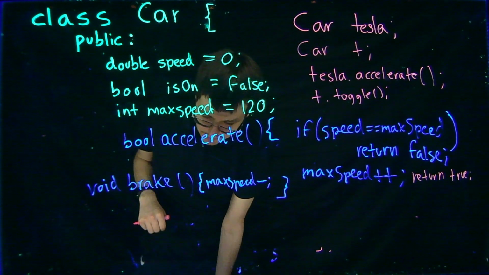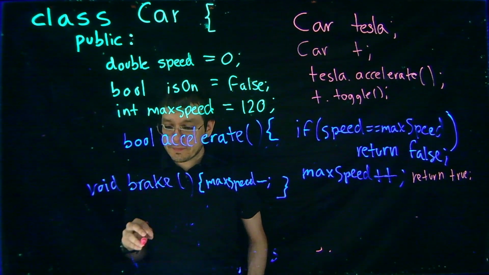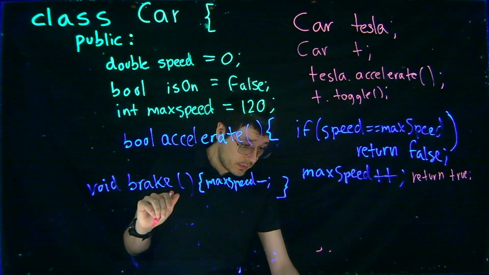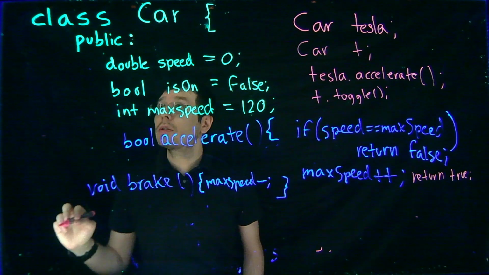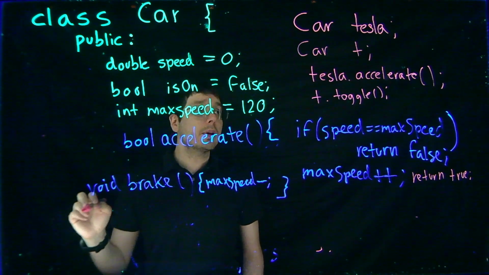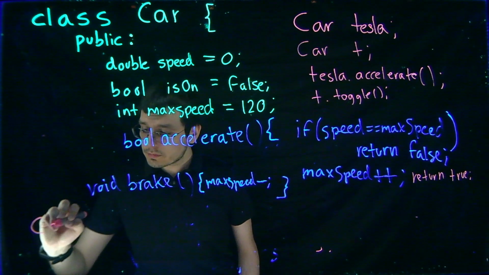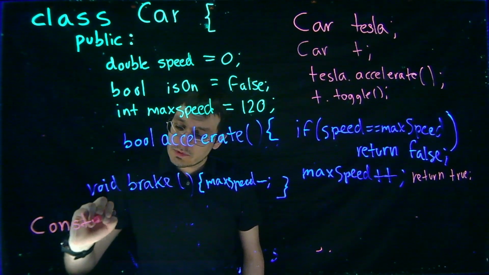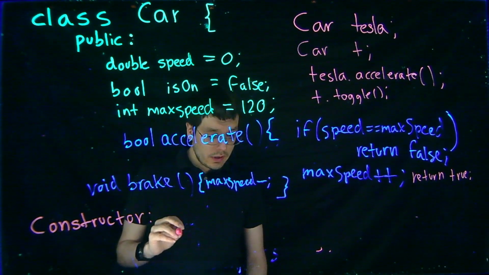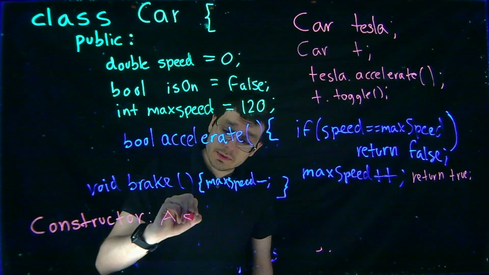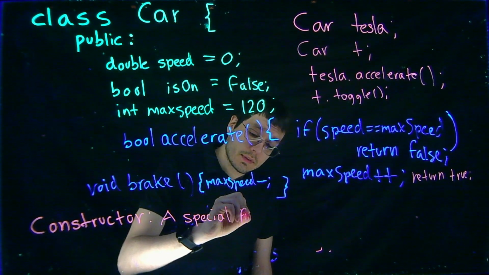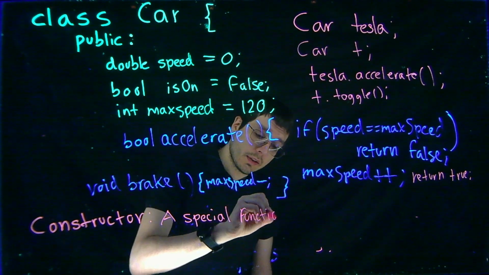So I'm going to sit down for this, okay? So what is a constructor? Let me go ahead and just define what a constructor is first, and then go from there, okay? A constructor is a special function. It's actually really special. It's kind of trippy. You'll see why in a minute here.